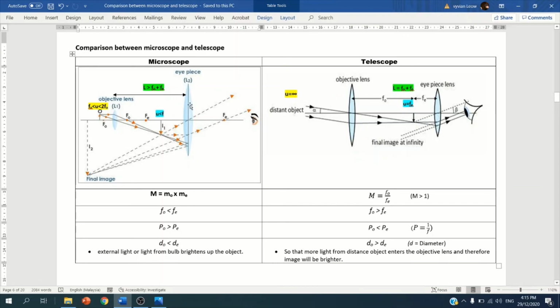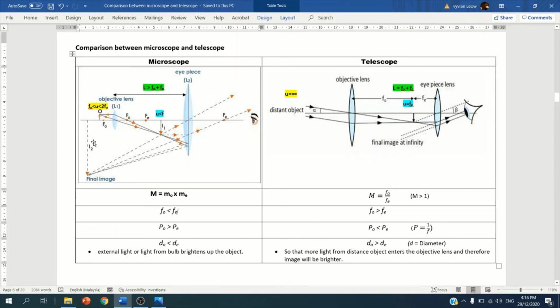The distance between the two lenses is adjusted so that u is less than f, which is case number 5. In case number 5, the eyepiece acts as a magnifying glass, so the image is virtual, upright, and magnified. Upright means the object and the image have the same orientation. So this is the second time it is magnified.